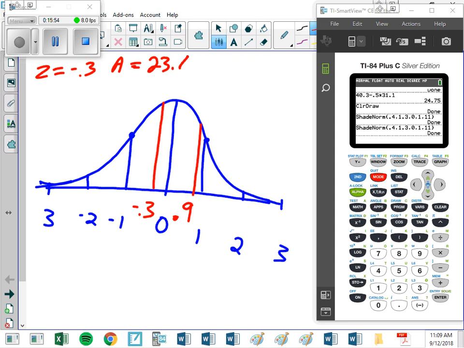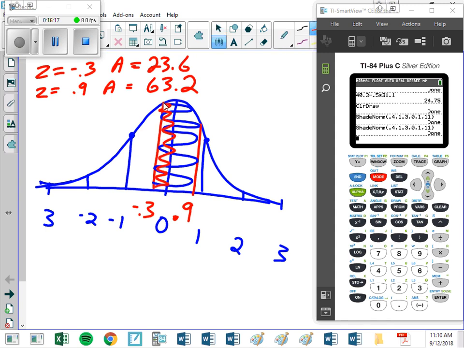23.6. And then when z equals 0.9, the area is 63.2. So if I want this area, what should I do? Well, it's half of the 0.3 area and half of the 0.9 area.